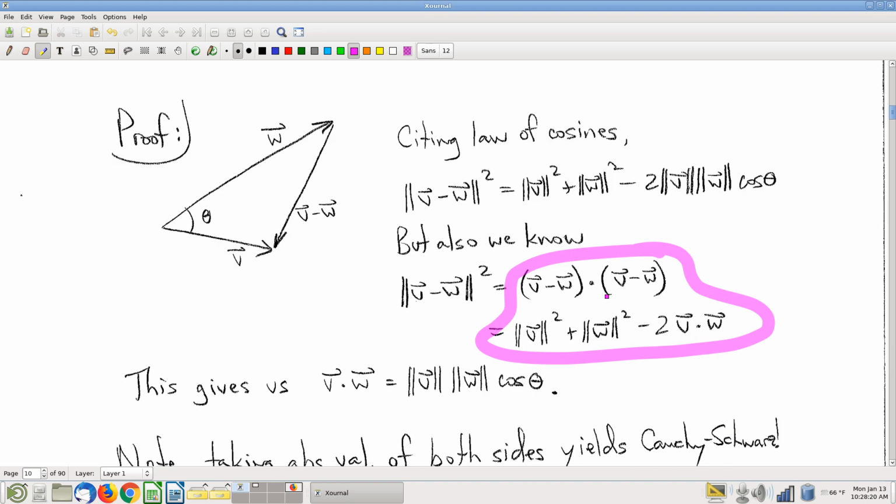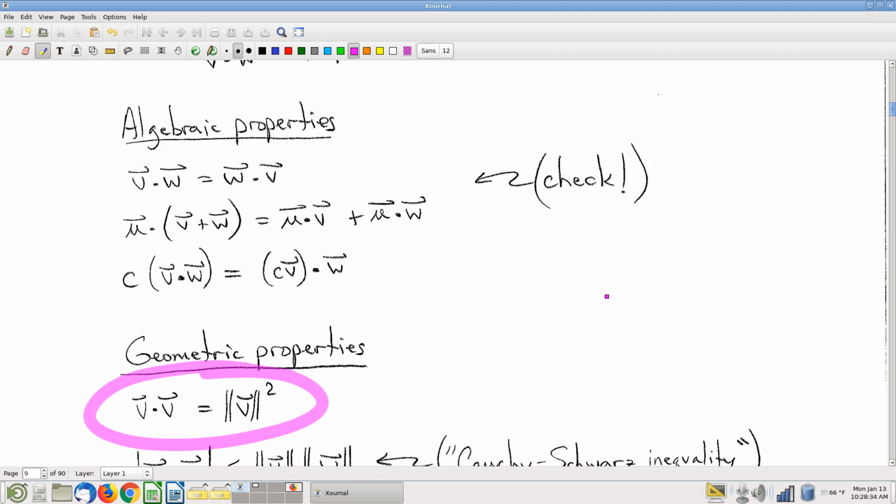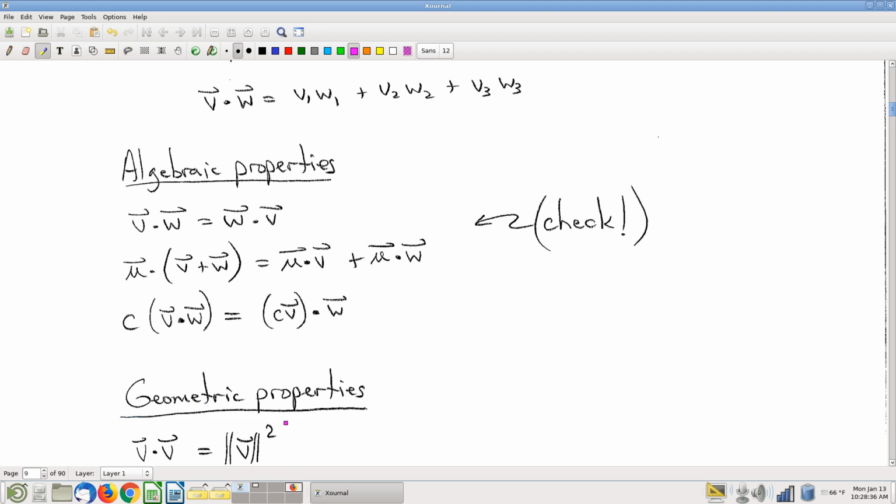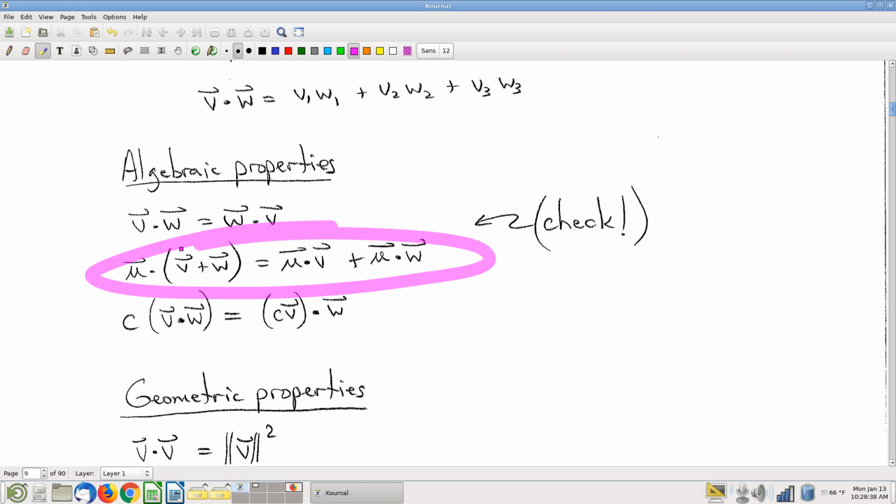Now wait a second. Whoa, slow down. How do we know we can FOIL? That was a middle school thing, right? You can FOIL when you're doing algebra of numbers. These aren't numbers. Can we just assume that FOIL works? No, but we have algebraic properties that say that it does. FOIL is really just this distributive property combined with this commutativity.